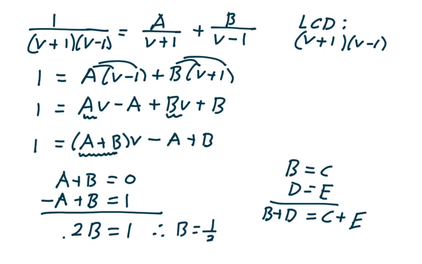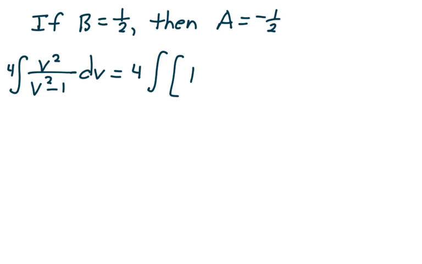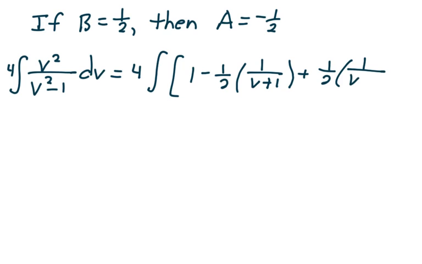Okay, and then we have to come back here. Now, a is negative a half, so it's minus a half times 1 over v plus 1, and b is positive a half. So we've got 1/2 of 1 over v minus 1, this whole thing dv.